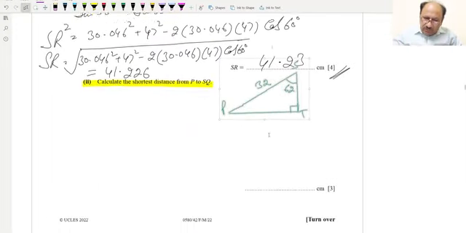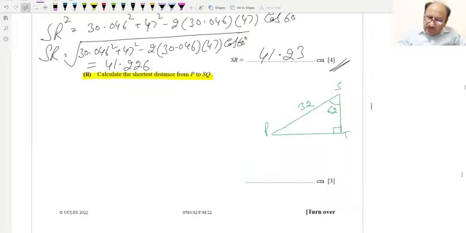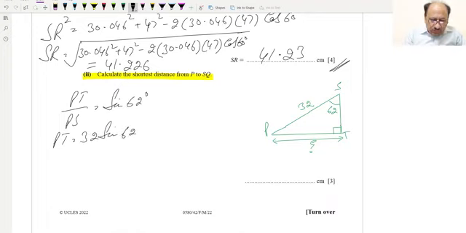We can use trigonometry to calculate this. In this triangle we need the PT length, so we need to find this length. We can write PT over PS is equal to sine of 62 degrees, and PT is equal to PS, which is 32, times sine of 62 degrees.